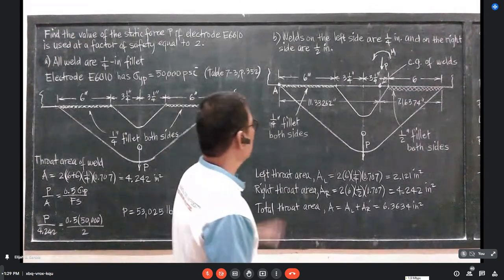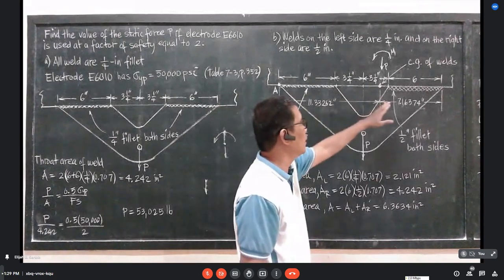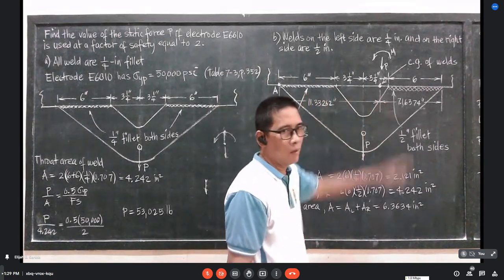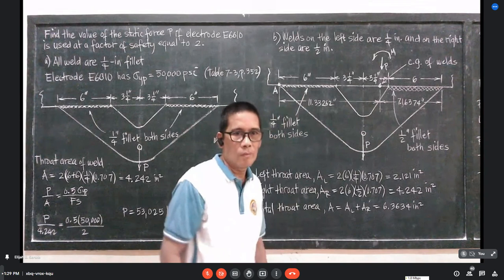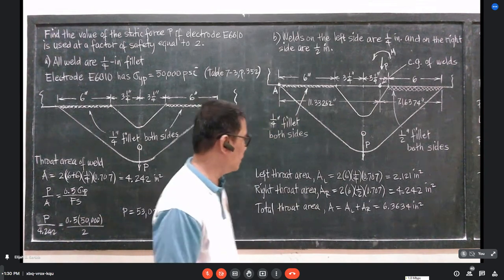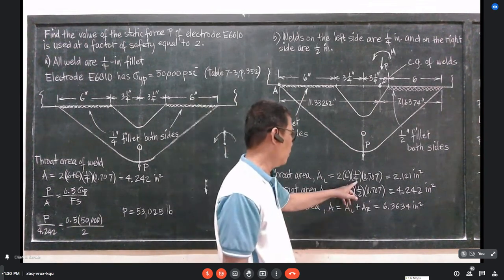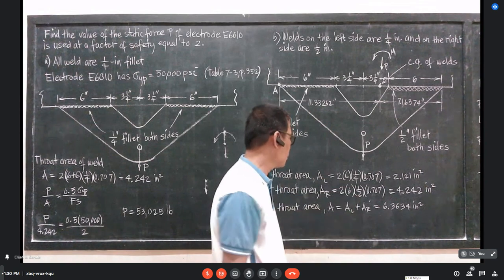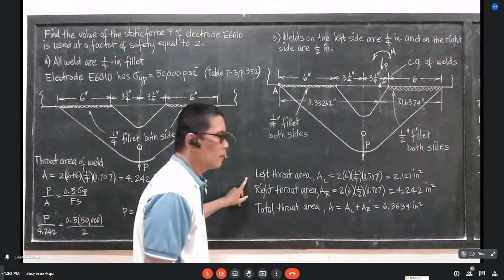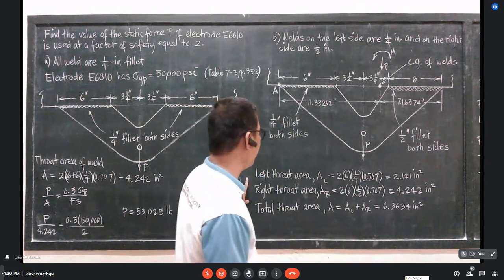Since these two are not identical, we have to be careful with the 1/4 and the 1/2. So we'll first compute for the left front area.